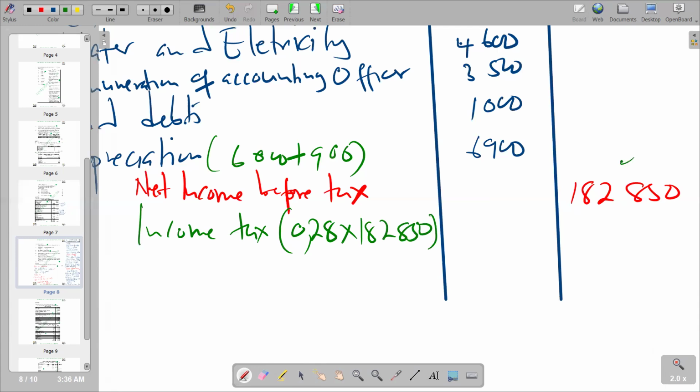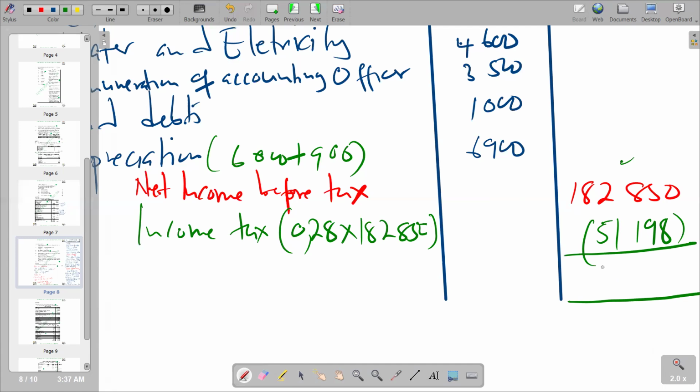We get the figure for tax, which is going to be 51,198. Then we subtract it from the net income before tax, 182,850 minus 51,198.